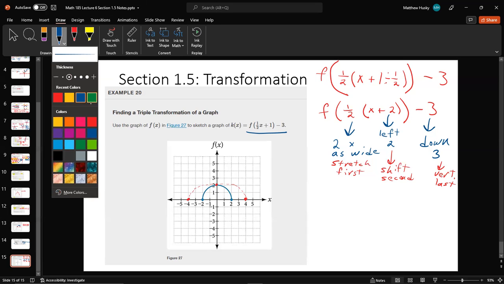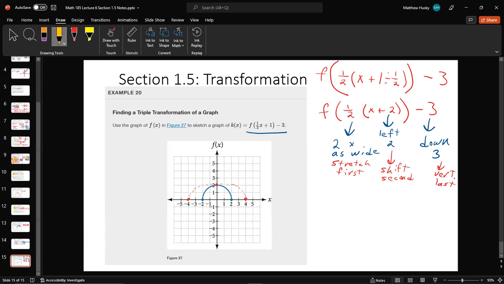So maybe I'll do that in yellow. Everybody's going to go left 2 spots. This one's going to go left 2, this one's going to go left 2. So we end up here, and then we would have a semicircle like that. And then the last thing we're going to do is go down by 3.